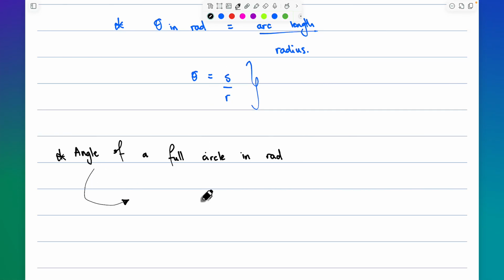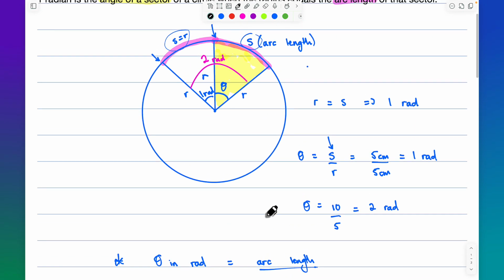We're just going to use the exact same equation. Our equation says theta is equal to S over R, where S is your arc length and R is your radius. So the S is the distance along the circumference that covers your sector. If we're looking at a full circle, we're looking at the full circumference.